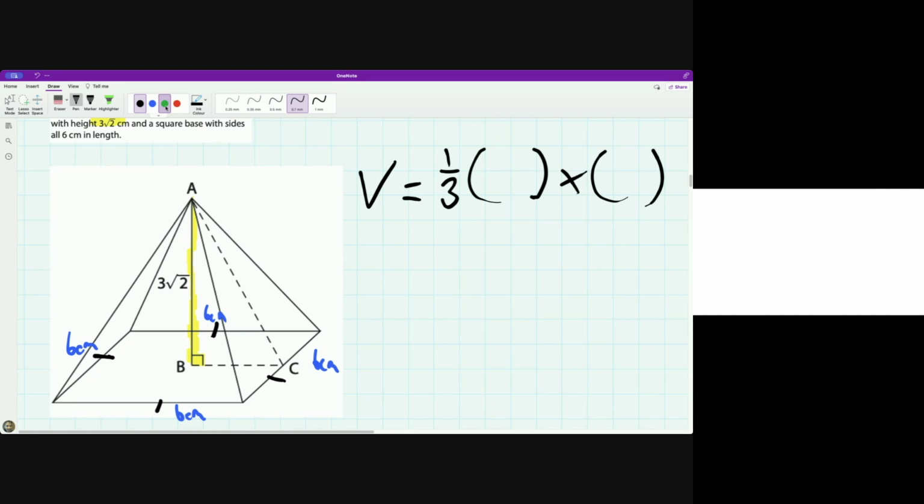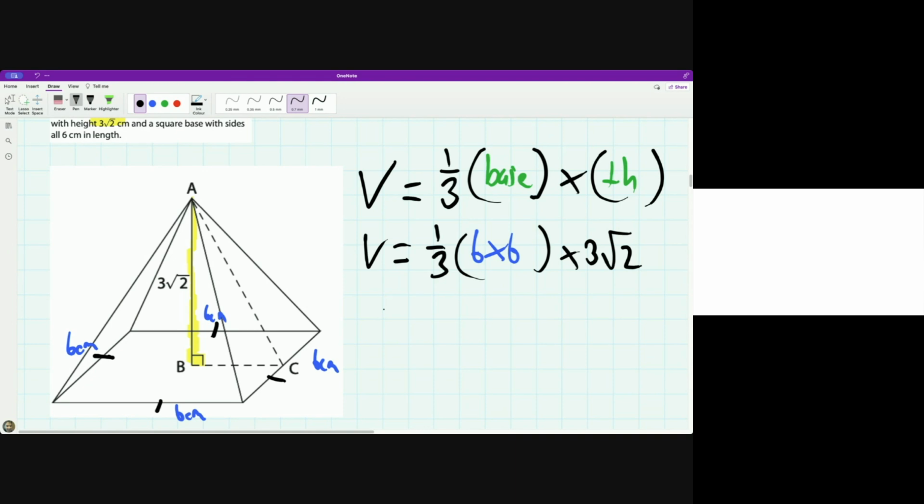This thing over here is the area of the base, and this is the perpendicular height. So 1/3, the area of the base, it's a square, so it's 6 times 6, and the height, they give it to you, it's 3√2.